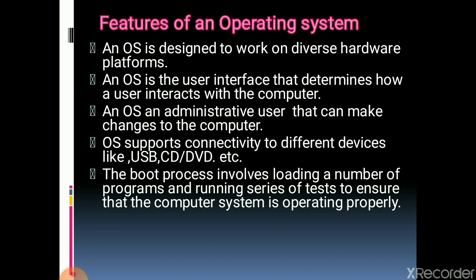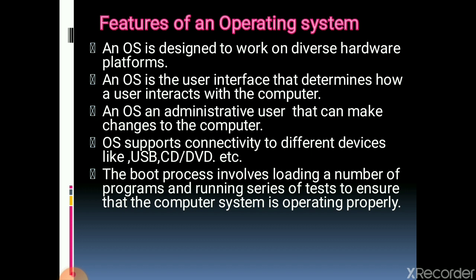Even if you install different hardware, the operating system will work on all the platforms. The second one is the user interface, which determines how users interact with the computers. Without an operating system between the user interface and the computer, the users cannot operate the computer.